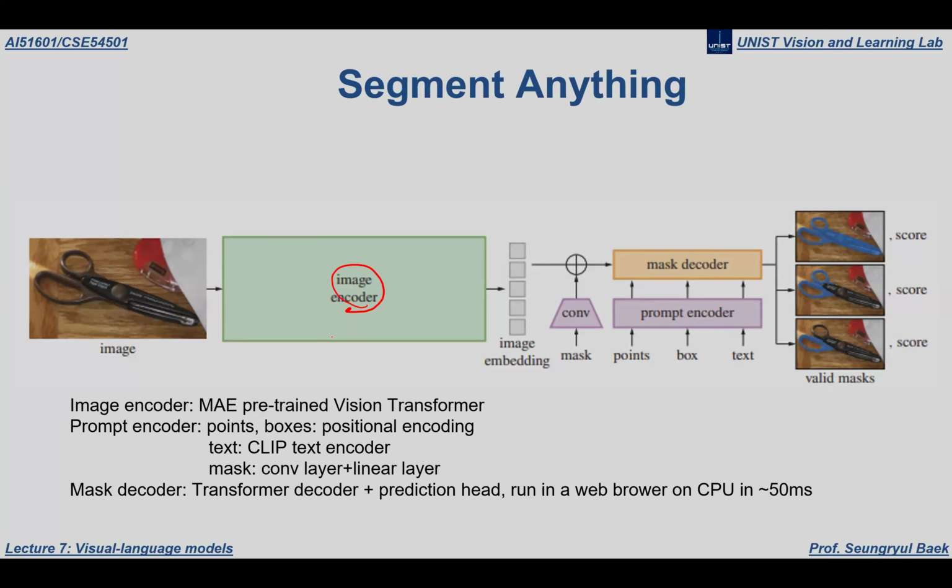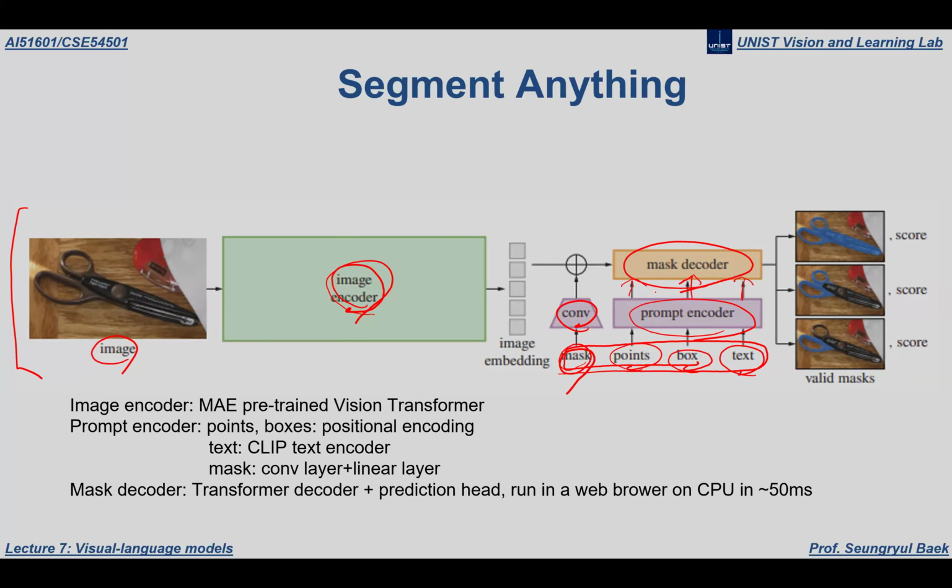Okay, this is the image encoder. Again, the same figure. From the input image, we are applying the image encoder, and those prompts can be mapped to features. Okay, point, box, text, they are mapped to features using separate encoders. Masks are in the form of a 2D signal, so they are converted to features via a convolutional layer, and mapped via the decoder.